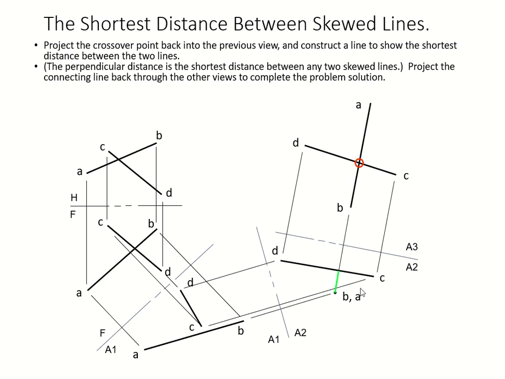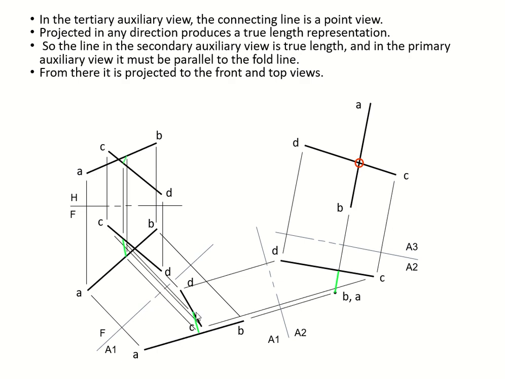Of course, you have your CD here on your secondary auxiliary, going on the BA, which is your point of that line AB on the secondary auxiliary view. And we're gonna draw the same thing for other views. So here, this is your primary auxiliary view. Yes, we're dealing with the CD line, and this is your AB point, and this is your CD line and AB line.